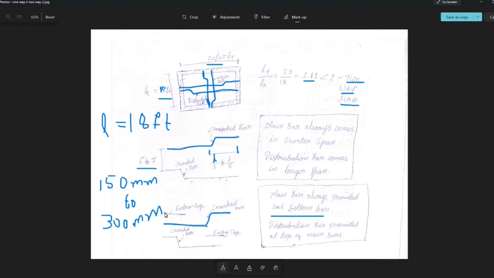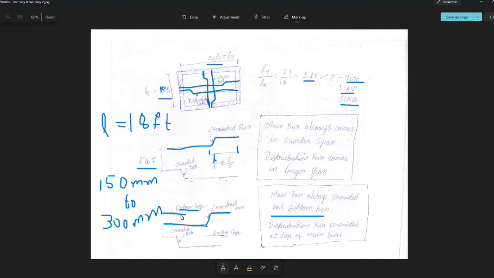So here what you do is take one small piece, based on the cranked length we have taken, so that much length of bar we take and put it on top of this bar. So this bar we consider as an extra top. So with this extra top, both the ends of the rod will be taken at the top.